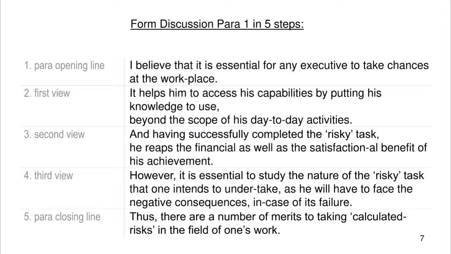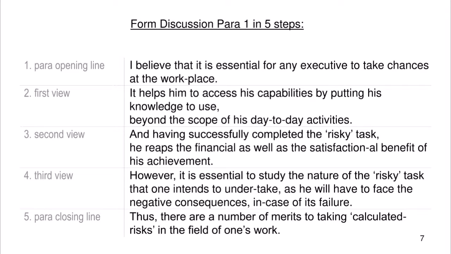I believe that it is essential for any executive to take chances at the workplace. It helps him to assess his capabilities by putting his knowledge to use beyond the scope of his day-to-day activities. And having successfully completed the risky task, he reaps the financial as well as the satisfactional benefit of his achievement.